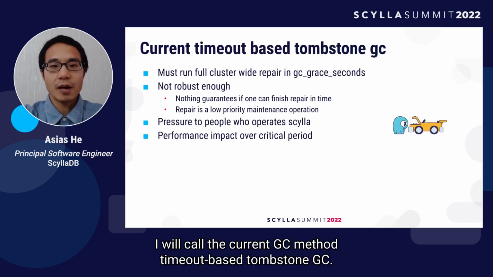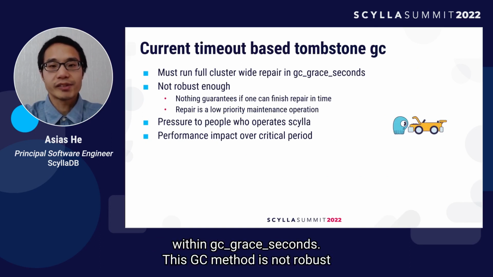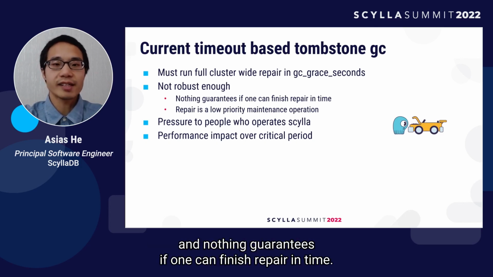I will call the current GC method timeout-based tombstone GC. With this method, users have to run a full cluster-wide repair within gc_grace_seconds. This GC method is not robust because the correctness depends on the cluster operations, and nothing guarantees that one can finish repair in time.